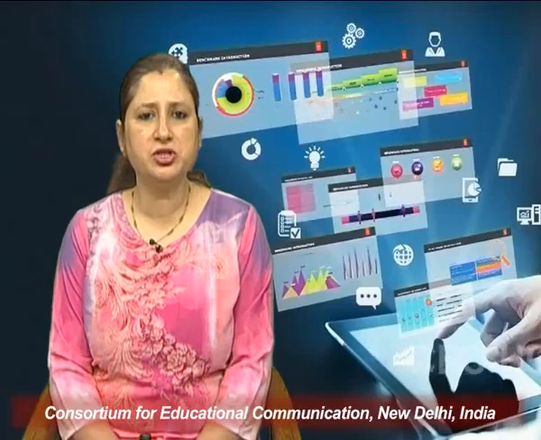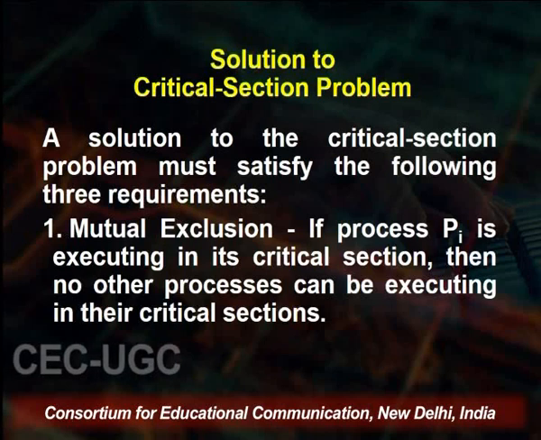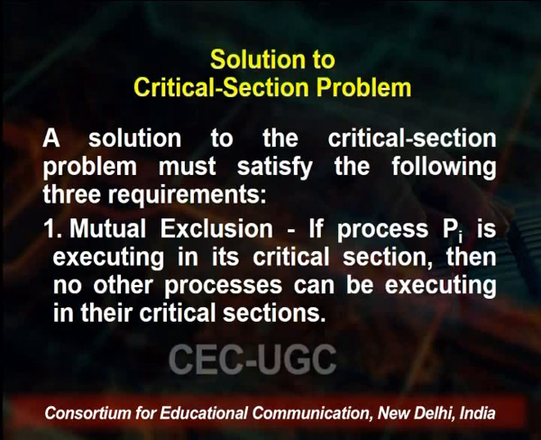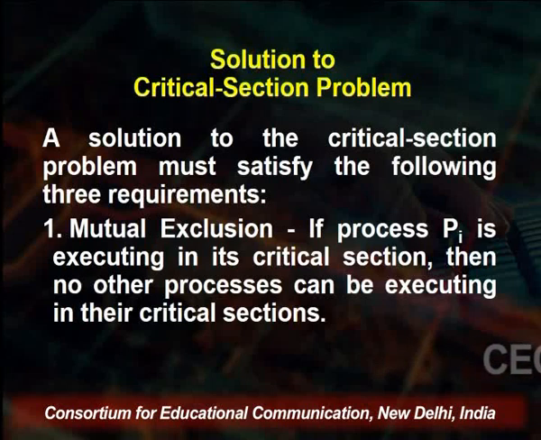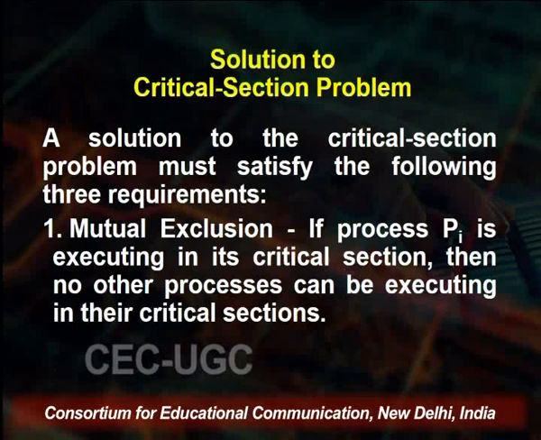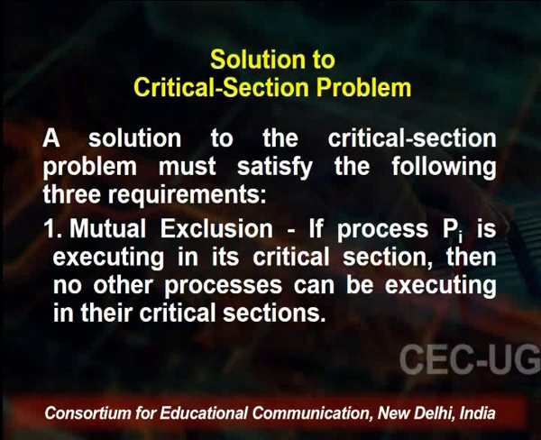Now, the solution to the critical section problem. A solution to the critical section problem has to satisfy three requirements. These are very important requirements which any solution has to satisfy. The first condition is mutual exclusion.